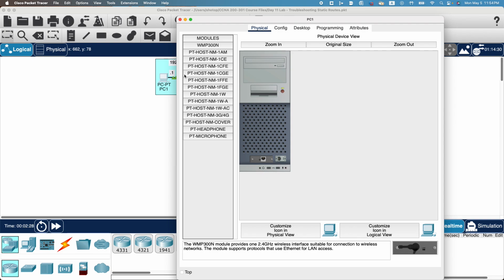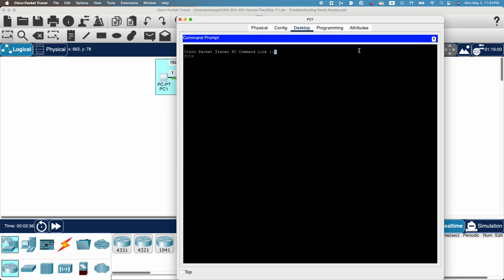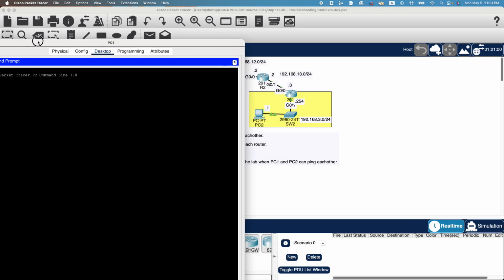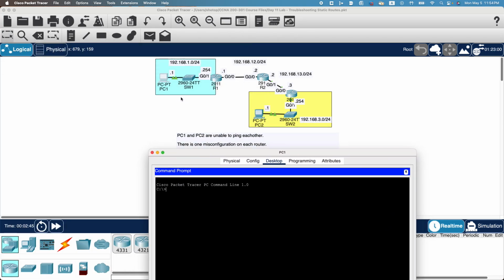Okay, first things first, let's figure out how to use this. I'm going to go to a command prompt on PC1 and confirm that it cannot ping PC2. PC2 is in the 192.168.3.0/24 subnet, which is represented by this yellow box.